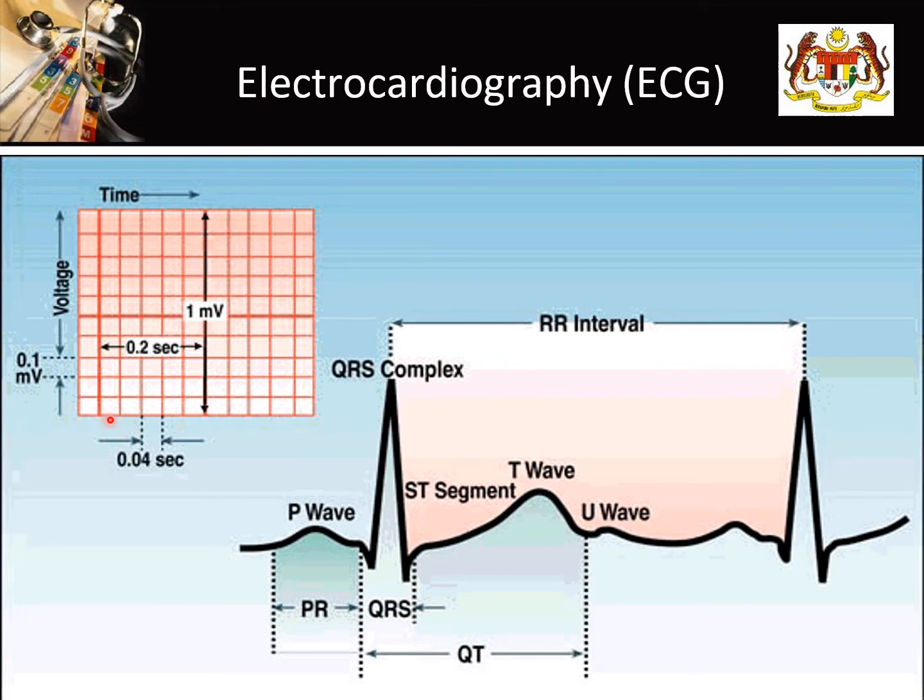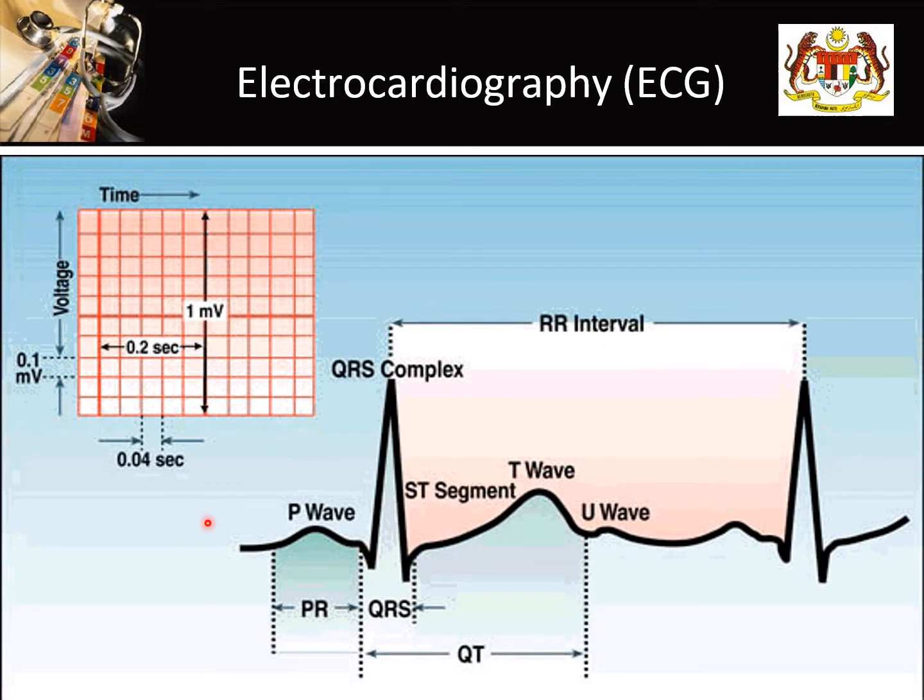One big box represents 0.2 second. One small box is about 0.04 second. For the PR interval, the normal PR is usually less than 0.2 second. We measure from the start of the P wave until the start of the R wave.